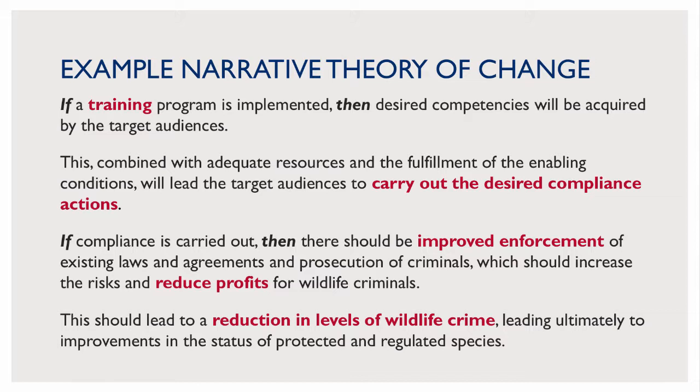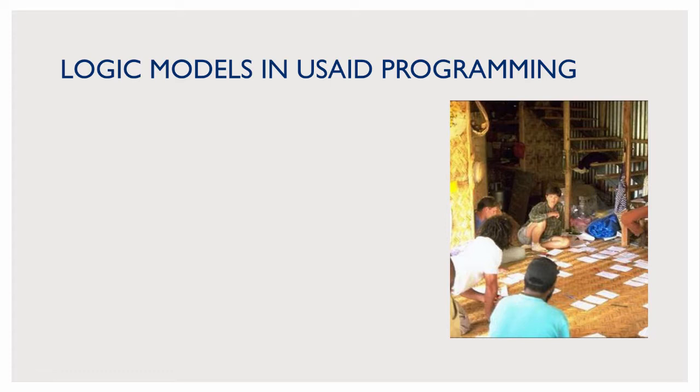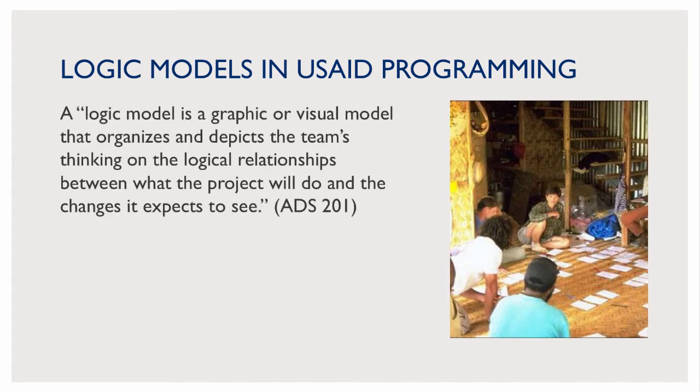In biodiversity conservation, as in most other development sectors, the problems addressed are complex, with many interconnected factors, conditions, and stakeholders. Solutions to these complex problems are rarely simple. This makes a need for comprehensive and adaptive programming tools even more essential. Theories of change can be spoken, narrated, or expressed in a variety of visual forms, one of which is the use of logic models.